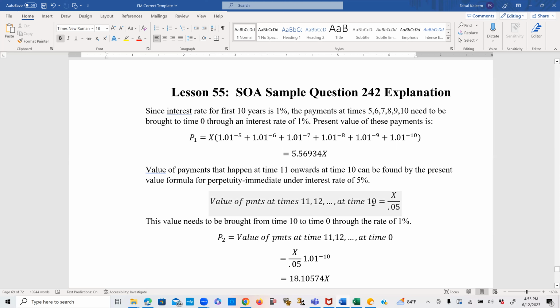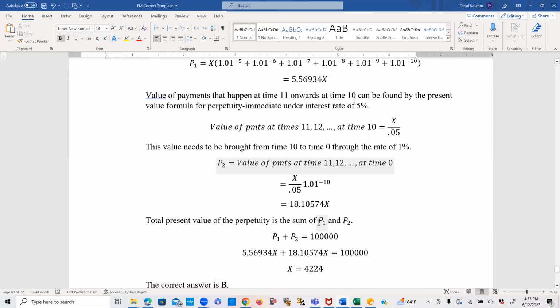But when you bring it from time 10 to time 0, then the interest rate that's involved in that period is 1%. So you will multiply this by 1.01 to the negative 10 to bring it from time 10 to time 0. And so you get the present value of this stream of payments, 11, 12, and so on, to be 18.10574X.